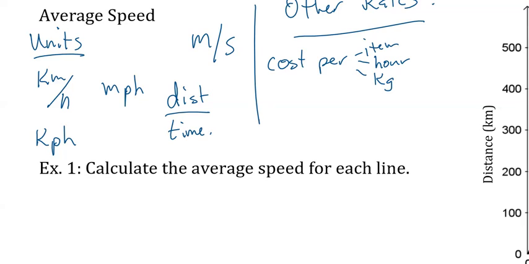Imagine two people are traveling. One person's gone 200 kilometers and one person's gone 100 kilometers. Has the person who's gone 200 kilometers gone faster? Is their rate higher? Well, okay, good.